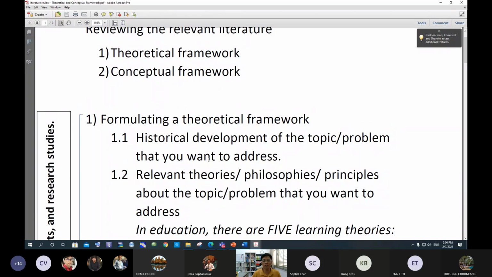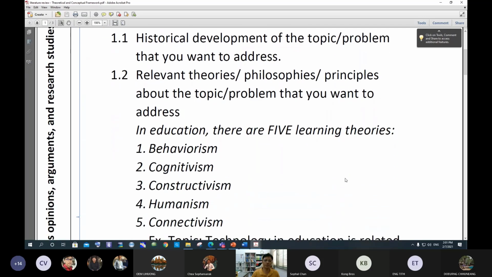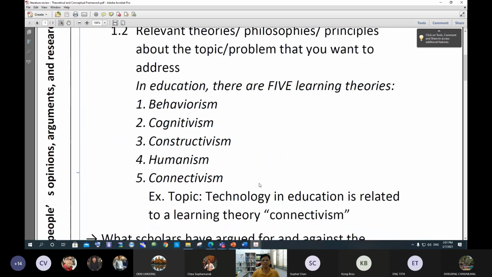When you review the literature that you think is relevant to your research topic, you look for the historical development of the problem that you want to address, and then relevant theory, philosophy, and principle about it.